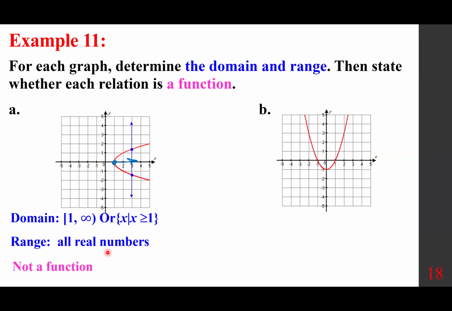For this one, you remember the domain is all real numbers because this portion covers the right side of x, this portion covers the left side. So all real numbers or negative to positive infinity.